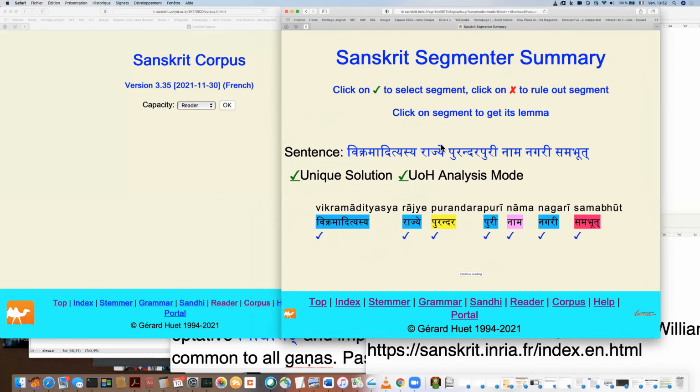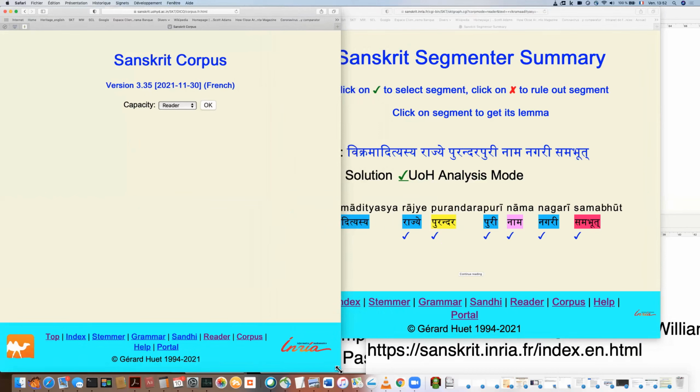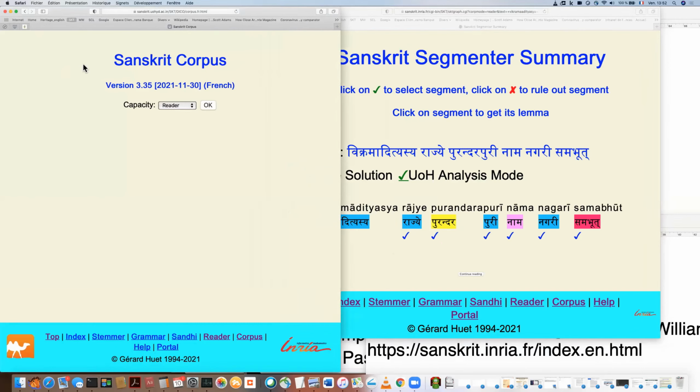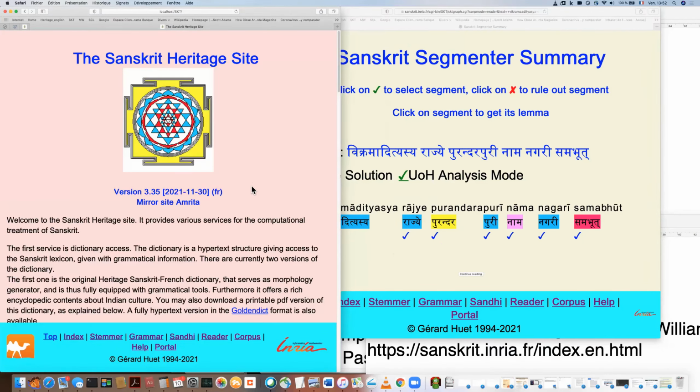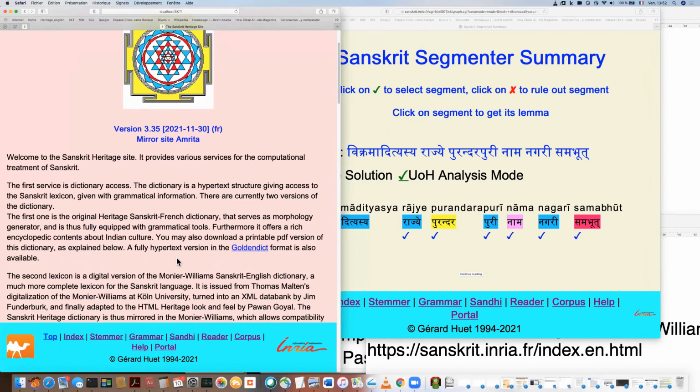Like here, there is no choice, it shows a unique solution. But in the other window, I shall show how to segment it to arrive at this meaning. Here I shall actually use still another version, the one that is on my station, where I will be quicker reading it in romanization and quicker at understanding the meanings in the French dictionary.